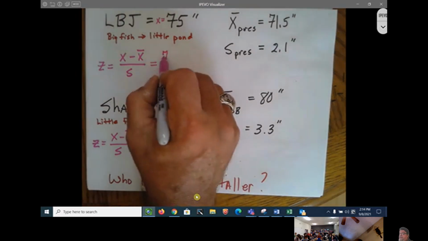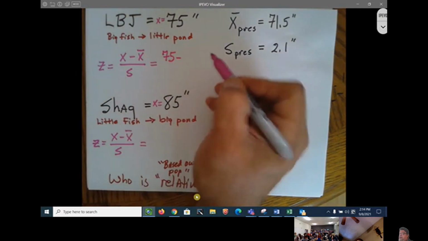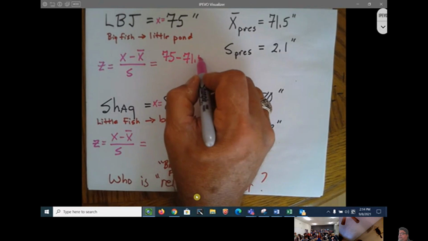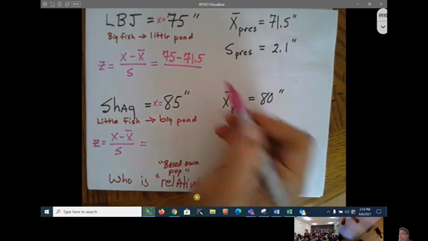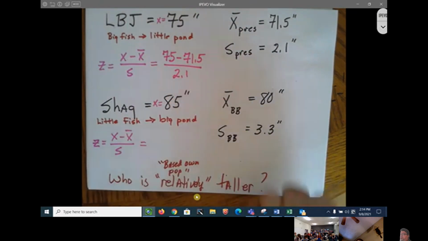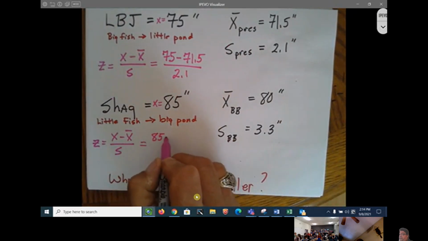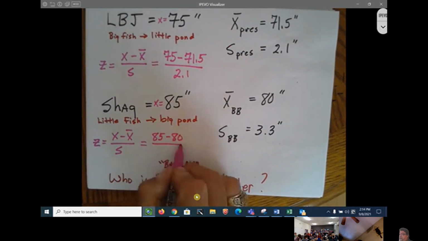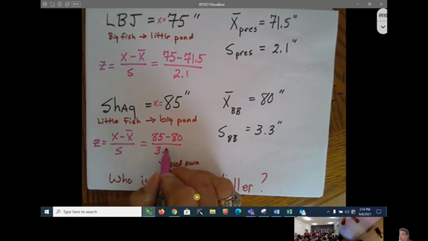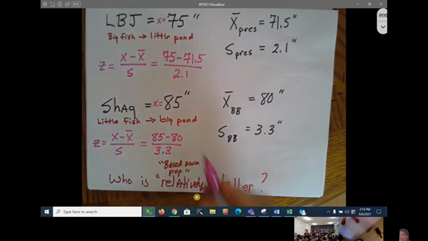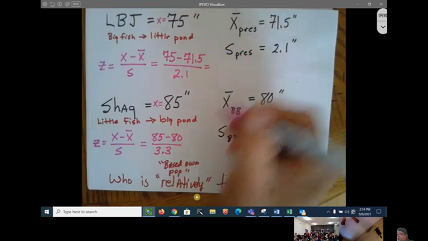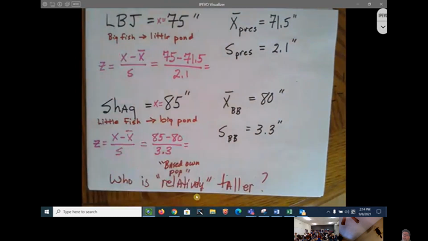So 75 minus 71.5 over 2.1. And then 85 minus 80 over 3.3. Somebody give me the Z-score for LBJ. 1.67.